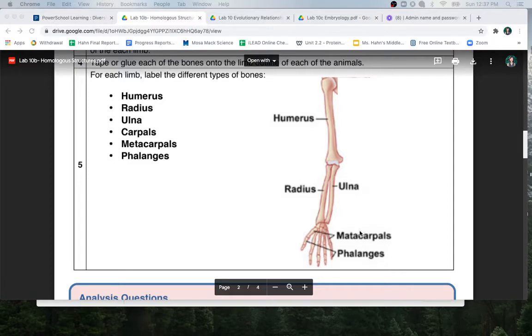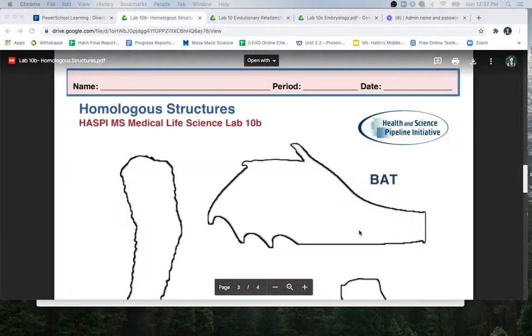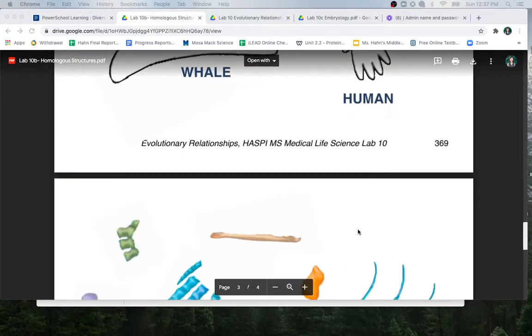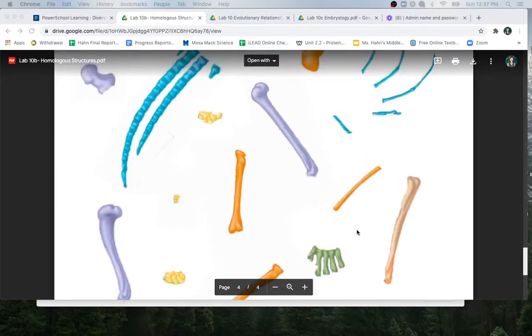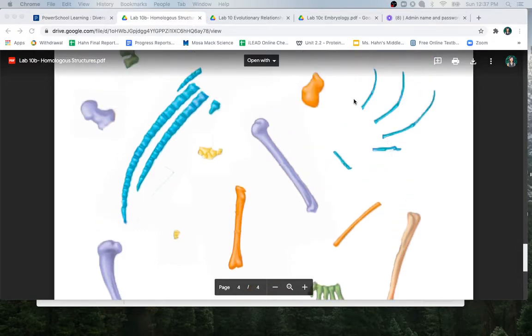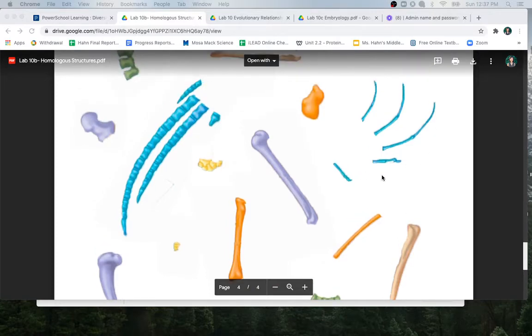So you're going to be taking these bones and cutting them out. Now, you'll see how I cut mine out. You don't have to cut every little finger bone out. You're just going to cut around all of these, and then you can trim them down as you need.